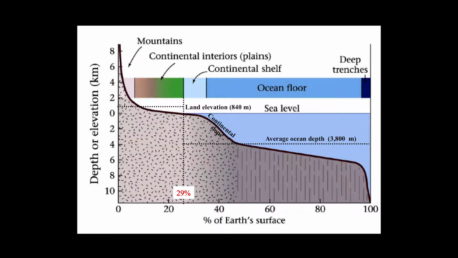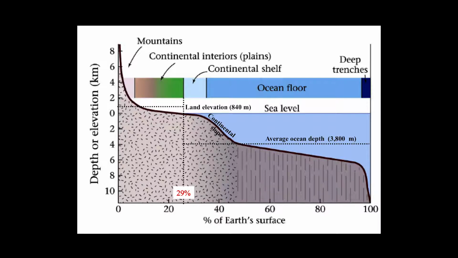A schematic illustration of the relative heights of the major features of the Earth's surface. The horizontal axis, labeled the percentage of Earth's surface, gives the percentage, while the vertical axis shows elevation above or below sea level. Sea level is the mean sea level, which is an average level of the surface of Earth's oceans.